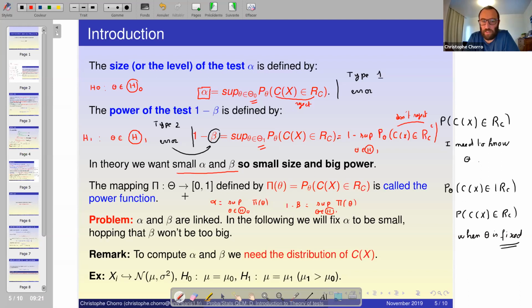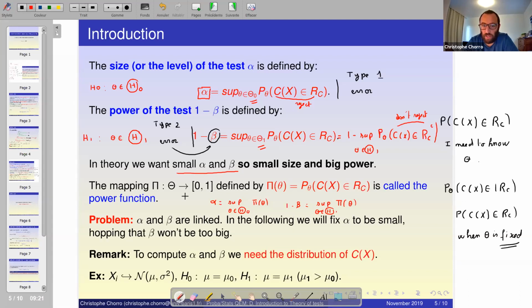That is, I want the probability to accept, or not to reject, knowing that I am false, to be small. And so I want a small alpha and a big power. And the problem I have is that concretely it's something that I can't do.